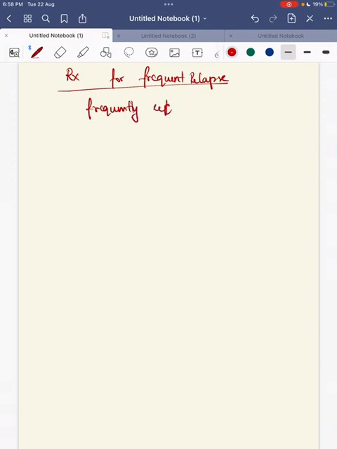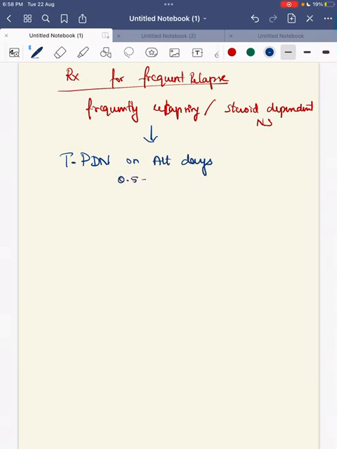So when the child is frequently relapsing or has steroid dependent nephrotic syndrome, then you start this child with tablet prednisolone on alternate days at the dose of 0.5 to 0.7 mg per kg per day.